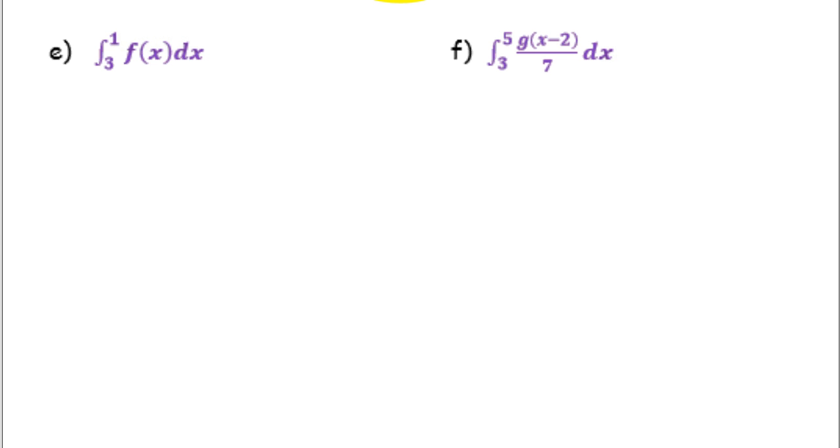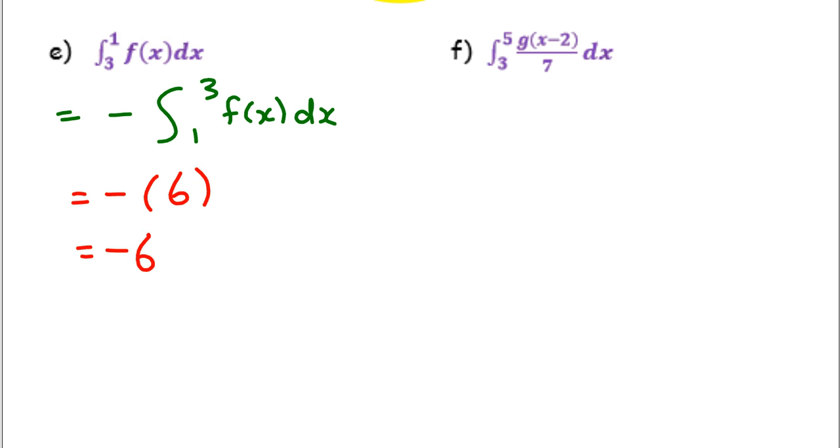So it was the negative of the integral from 3 to 1 of f x dx. Well observed. So equals a negative what? Negative 6. So in a way, it's okay if you just count like 6. Nice, that's a good one.